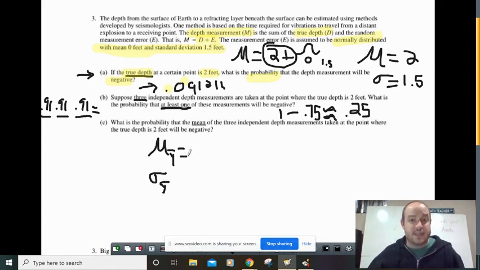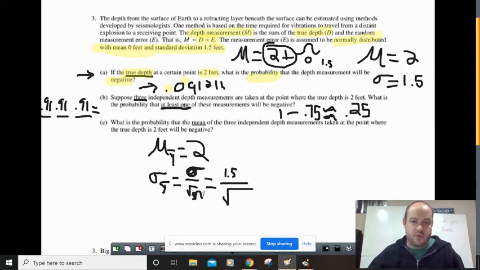So remember, the mean stays the same, and the sampling distribution standard deviation is the old standard deviation divided by the square root of your sample size, which is n. So in this case, that would be 1.5 divided by the square root of our sample size, which is 3.